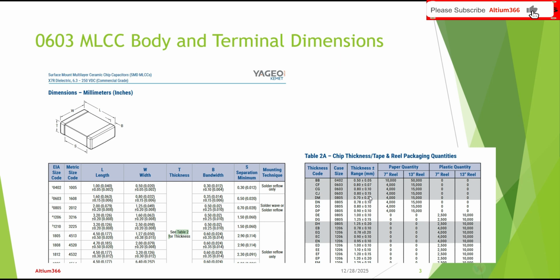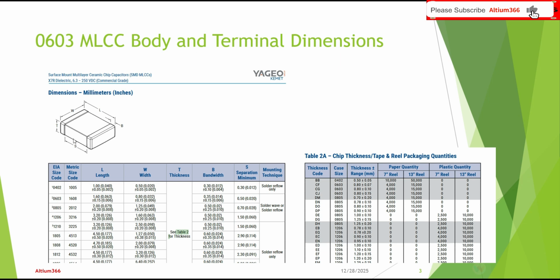And the thickness is 0.8 millimeter, which is the nominal value, with a tolerance of plus minus 0.15. This thickness will also depend upon the dielectric type and capacitor value, but 0.8 is the typical maximum height for the standard parts for 0603.